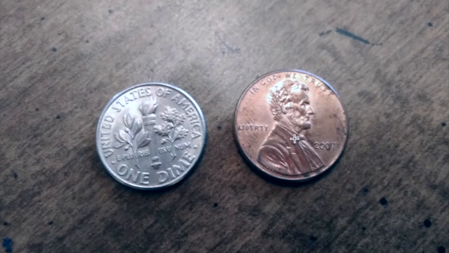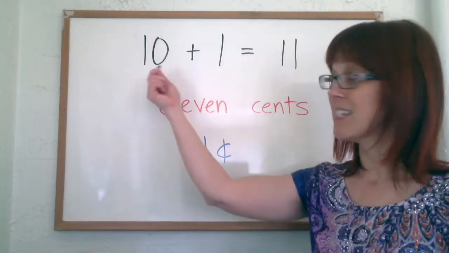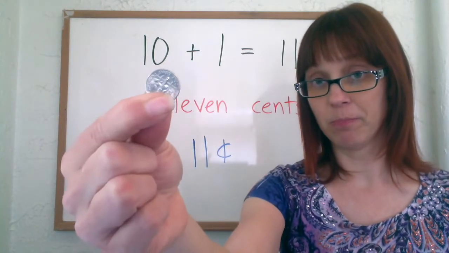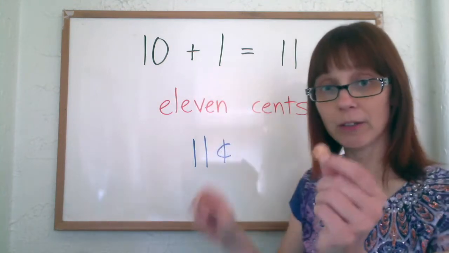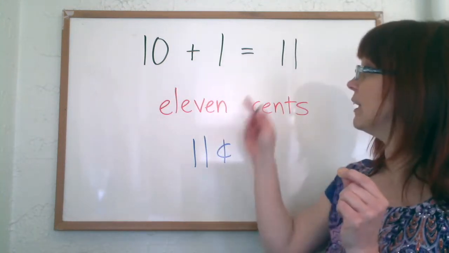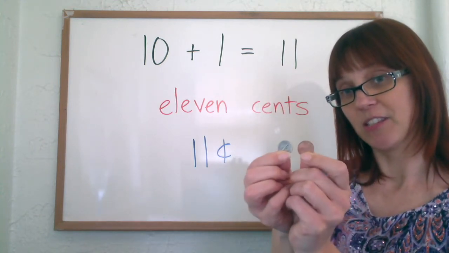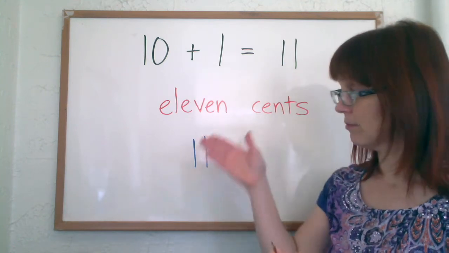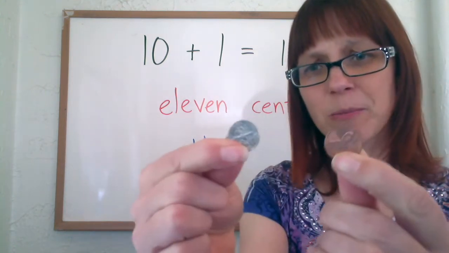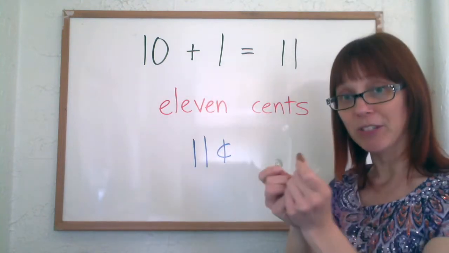A penny is 1 cent. 10 plus 1 is 11. 11 cents. 10, a dime, plus 1 penny is 11. 11 cents. How much is this? 11 cents.